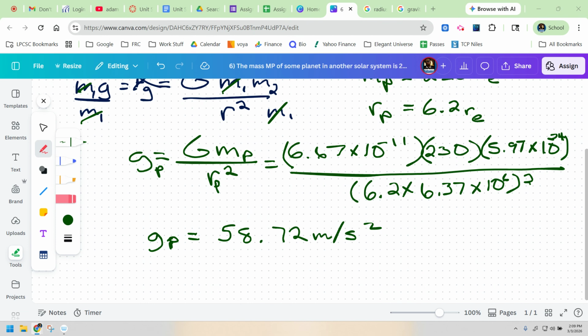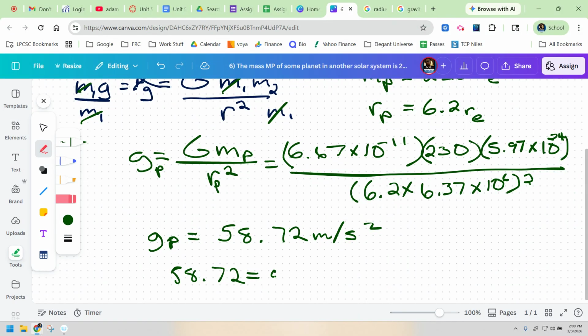In other words, we try to figure out what do we multiply this by. It has to be equal to some multiple of the acceleration due to Earth, right?